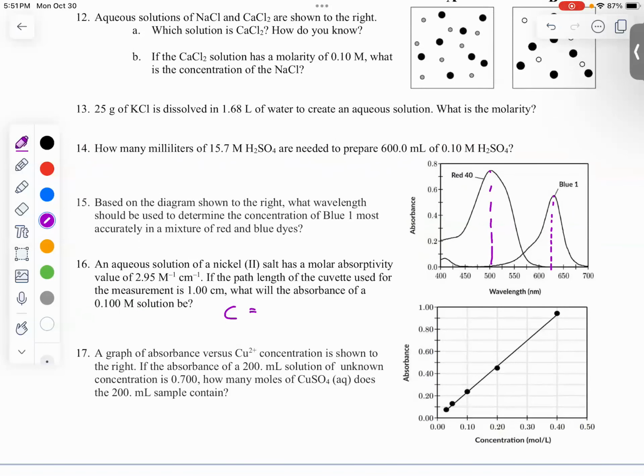C is equal to A times B. The thing right here, epsilon or something like that. Epsilon, it is epsilon. So concentration, what would be the absorbance?